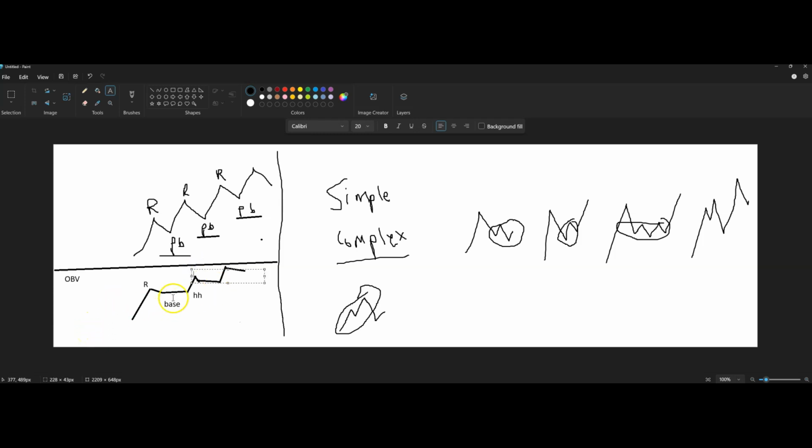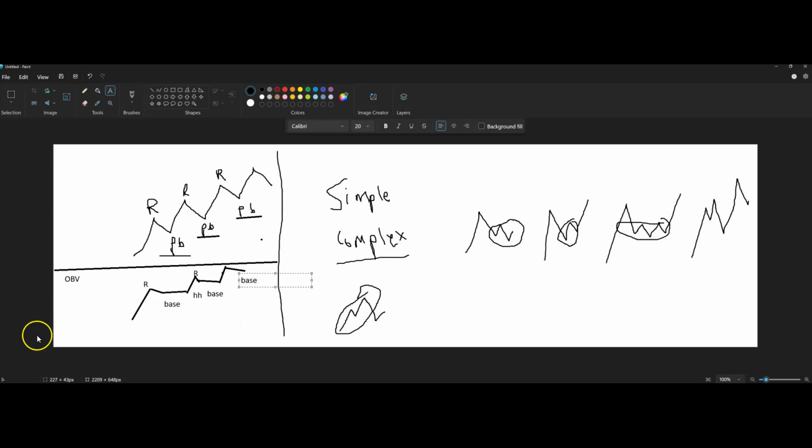Many times it'll precede price, otherwise it'll just confirm price and move with price. But there are too many times when it'll move before price moves. So you have rally, base, and then rally again, and then base, and all of that, right?